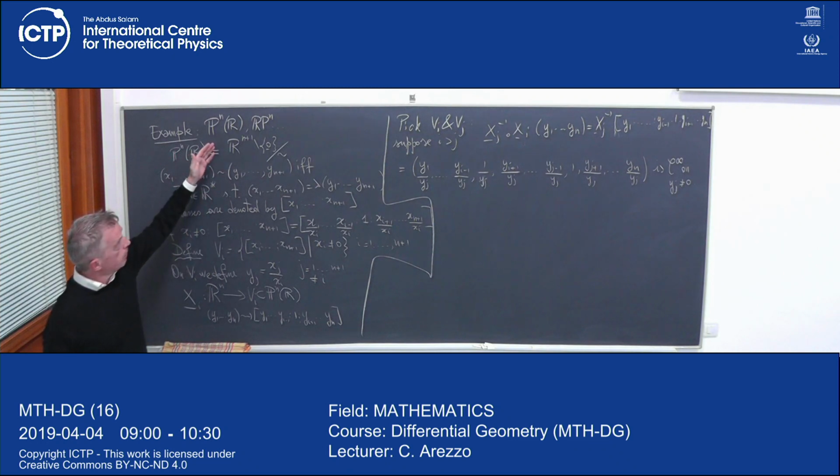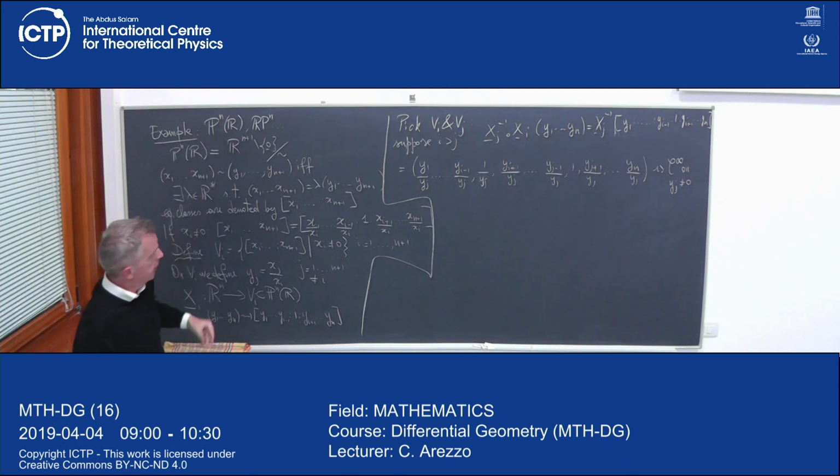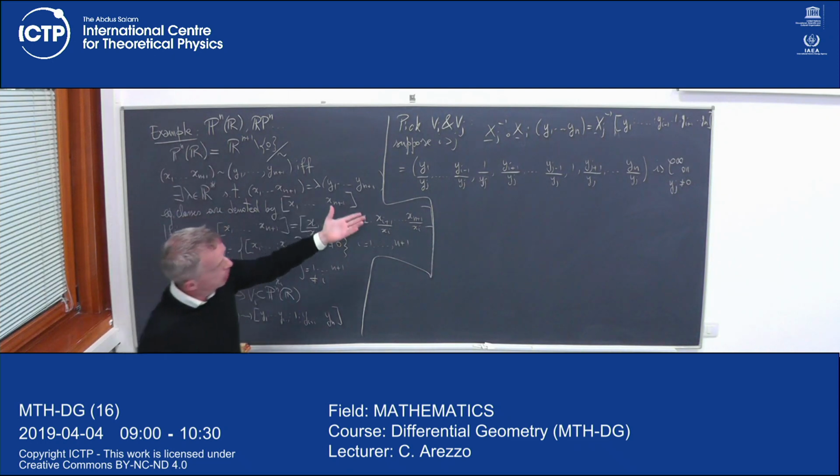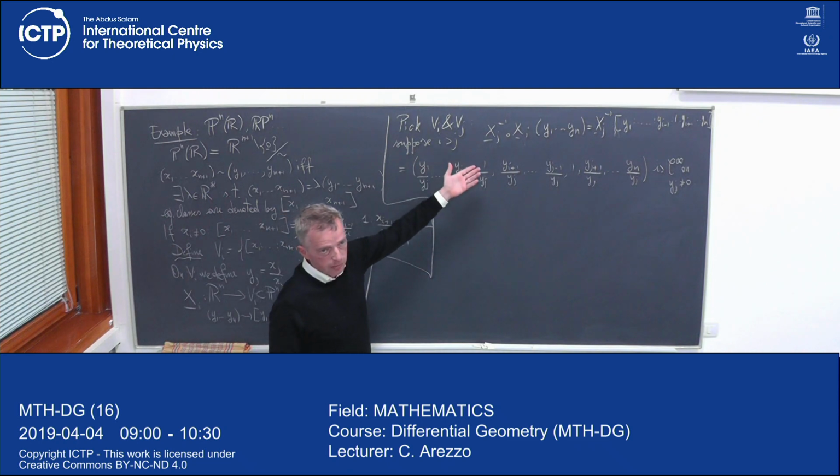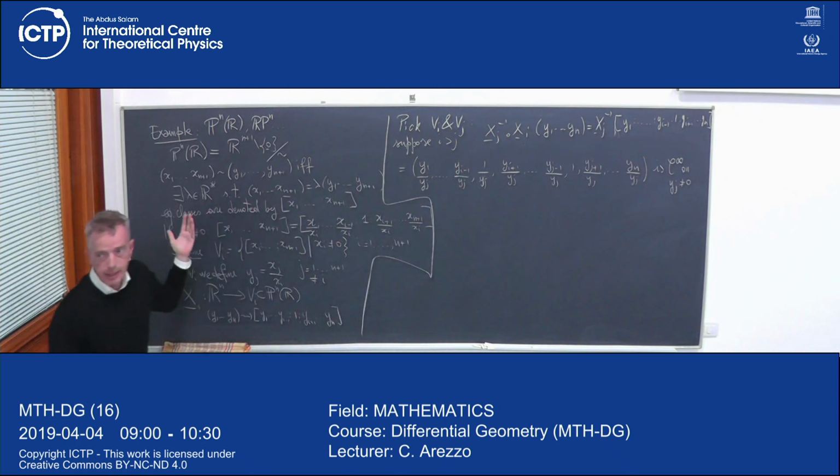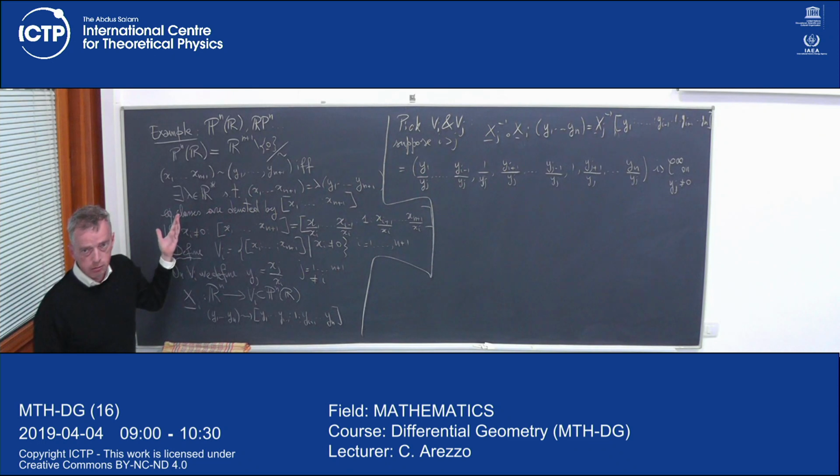In fact, it's the nicest example of the quotient topology: you take the quotient topology of the Euclidean topology here. So it's obvious to check that the topology induced by this differentiable structure is the same as the natural quotient topology.